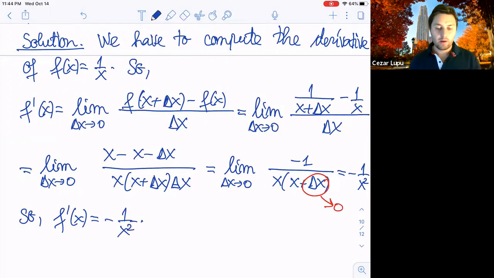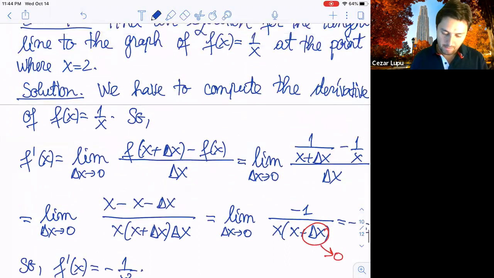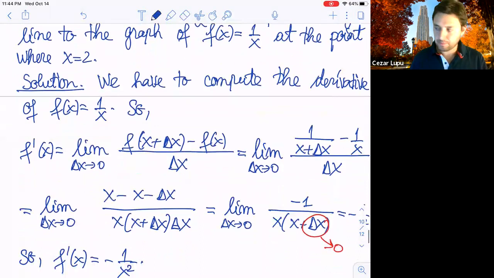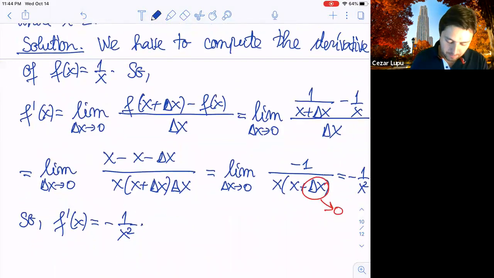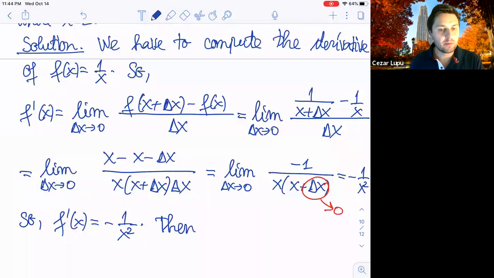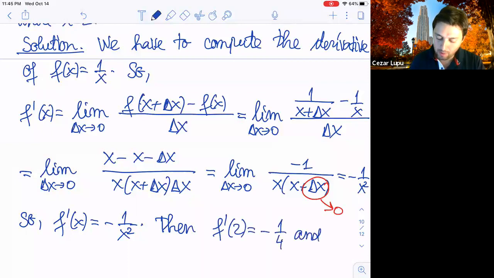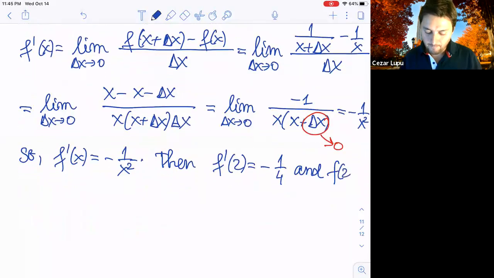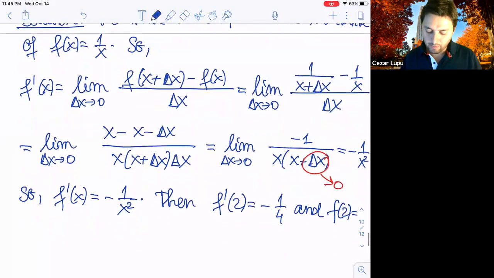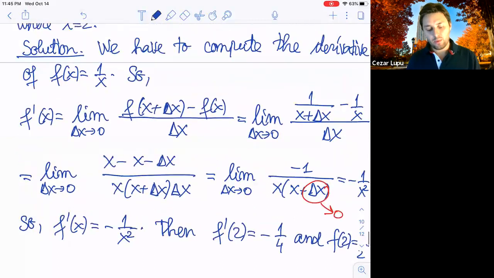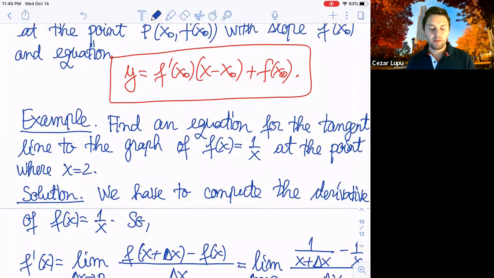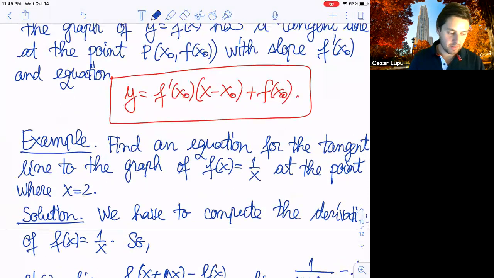Okay, beautiful. Now the only thing we need to do at this point is to evaluate the derivative at the point 2. So f prime of 2 is -1/4, and also f of 2, if we plug it in, is 1/2. Well, the equation of the tangent line, as you can see here, I can write it explicitly.